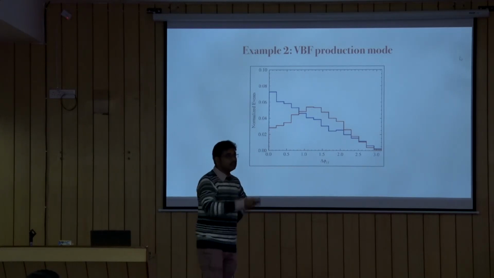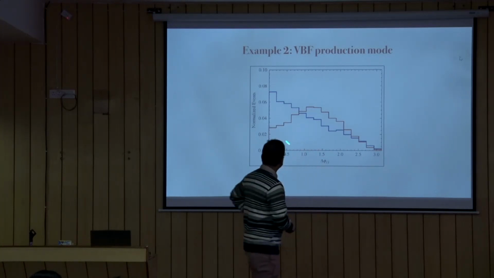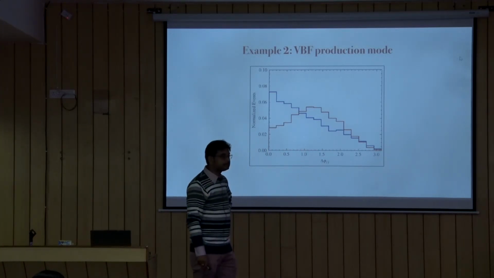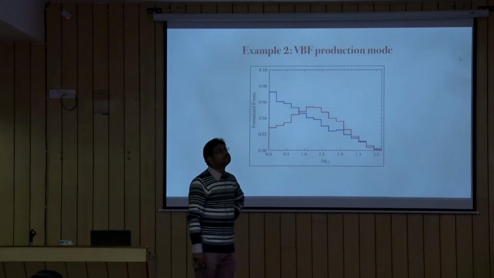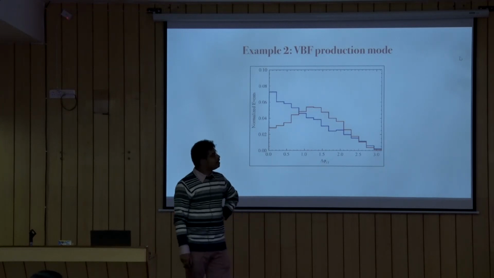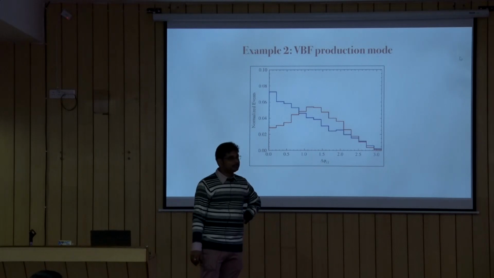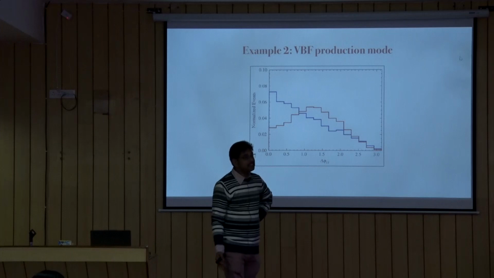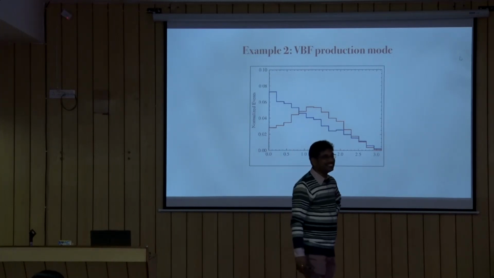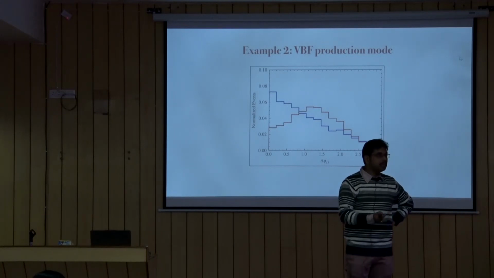Any more questions? In this red line, is only the CP odd effective operator considered? Yes. But there might be other CP even operators in that dimension. If we consider that, how does this change? The answer is I don't know, because we have not done the calculation. We can do it, it's not very difficult, but this feature will be there.